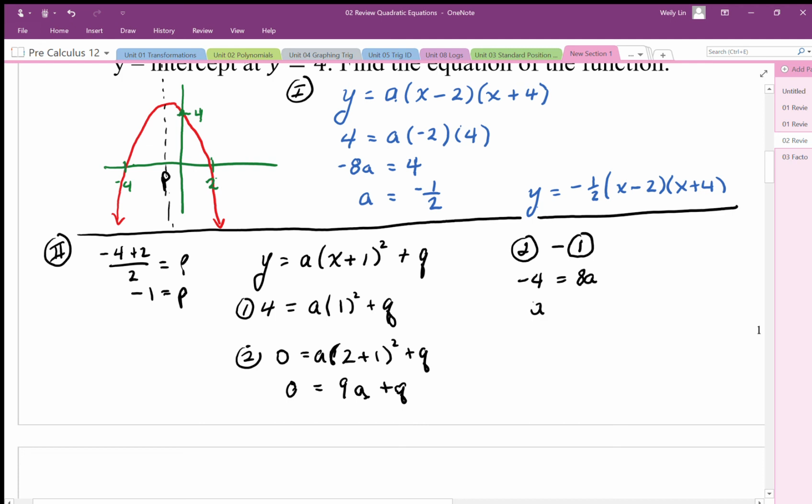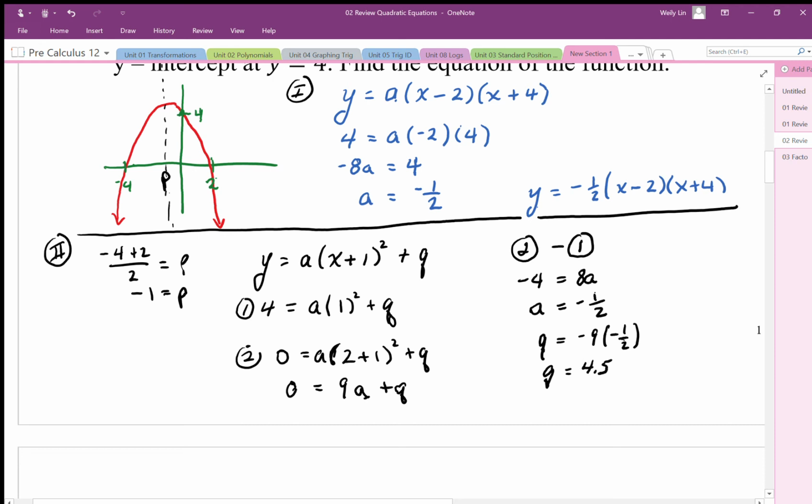I solve for a. A still works out to be negative 1/2. And when I substitute in for the q, I get negative 1/2 times 9. So q is equal to negative 9a, which is negative 9 times negative 1/2. So I get q is equal to positive 4.5.